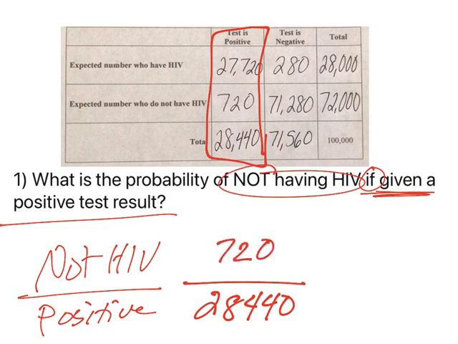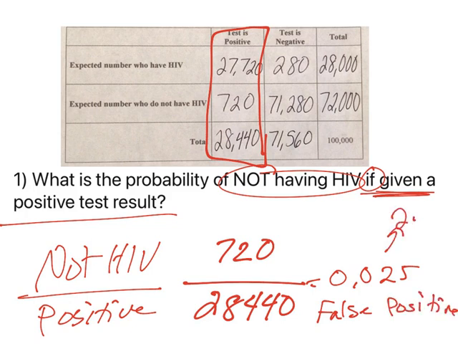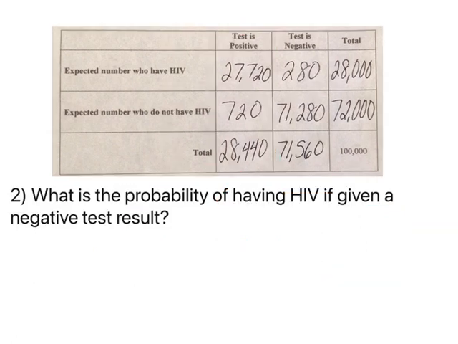So when I divide those numbers, I end up with 0.025. And we call this a false positive because, right, this is 2.5% of positive test results do not have HIV. That's what this means.